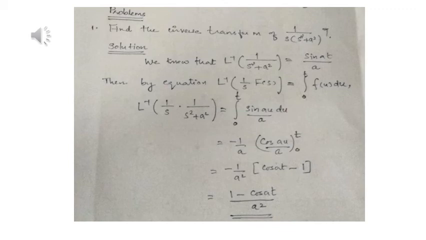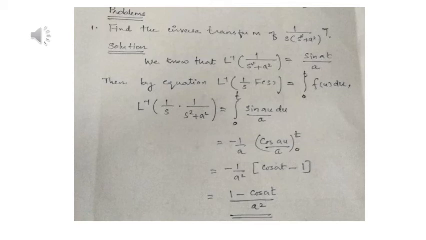Now by the equation of integration we know that L inverse of 1 by s into F of s is equal to integral 0 to t f of u du. So instead of F of s it is 1 by s square plus a square. That is L inverse of 1 by s into 1 by s square plus a square is equal to integral 0 to t of sin au by a into du.